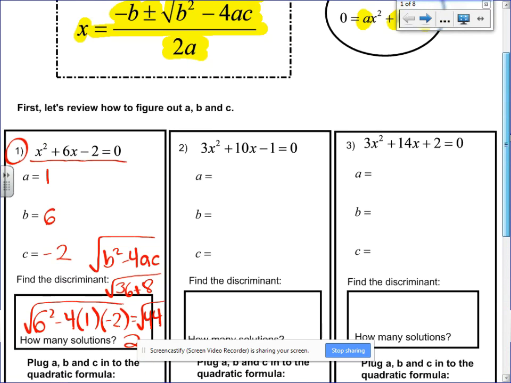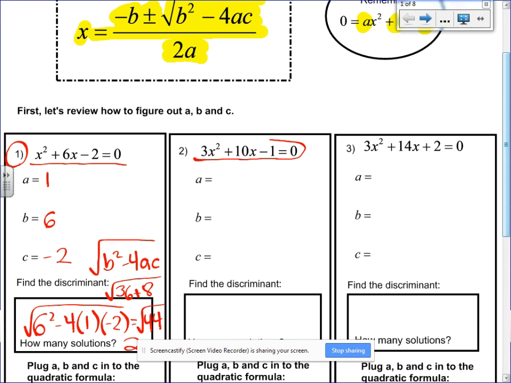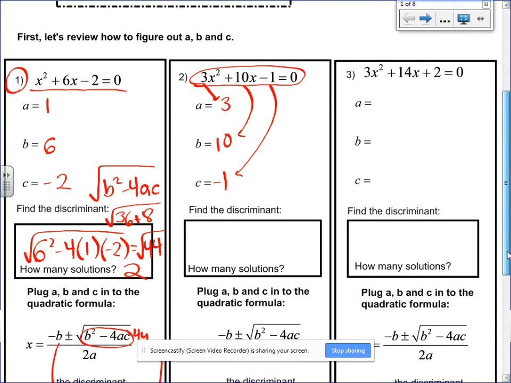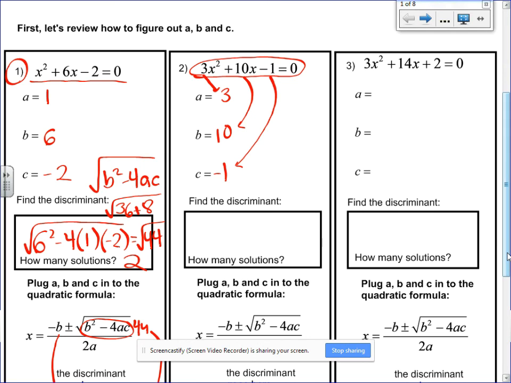So we're looking at 3x squared plus 10x minus 1 equals 0. My a, of course, is 3. My b is 10. My c is negative 1. So I have to find the discriminant: the square root of b squared minus 4 times a times c.